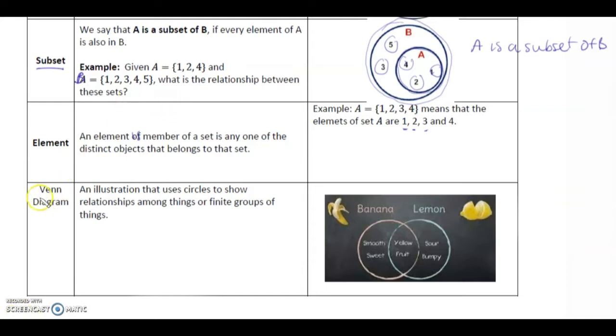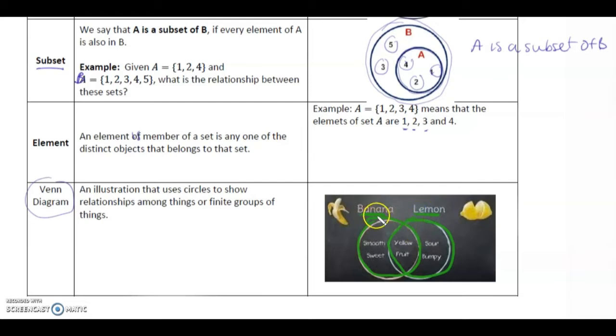And the last one, Venn diagram. A Venn diagram is an illustration that uses circles to show relationships among things or finite groups of things. So this is an example here. We have two circles, banana in one circle and lemon in the other.